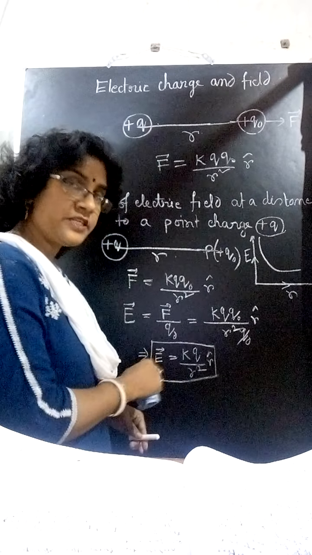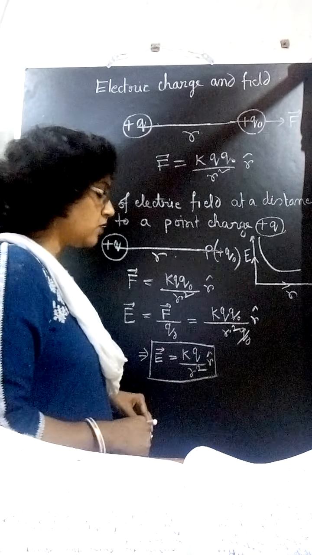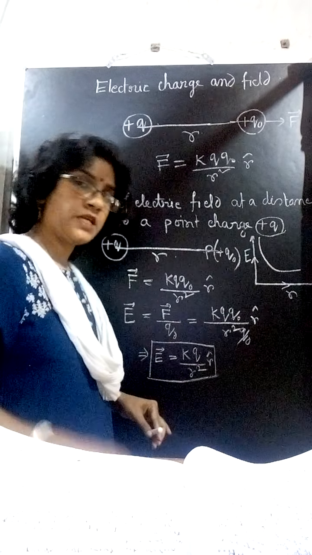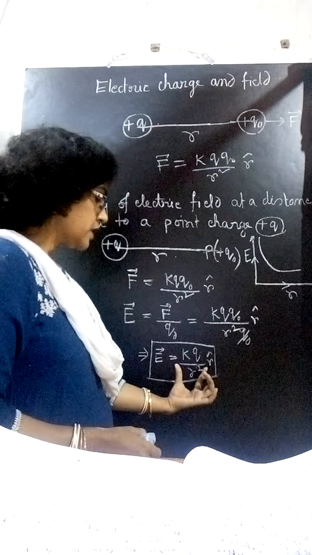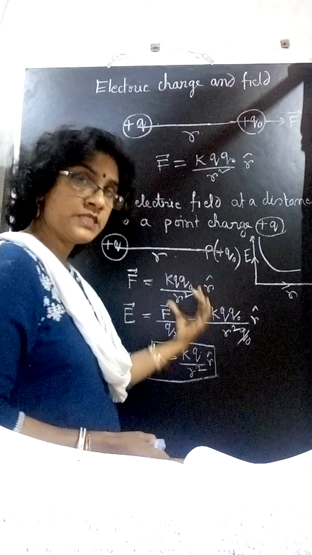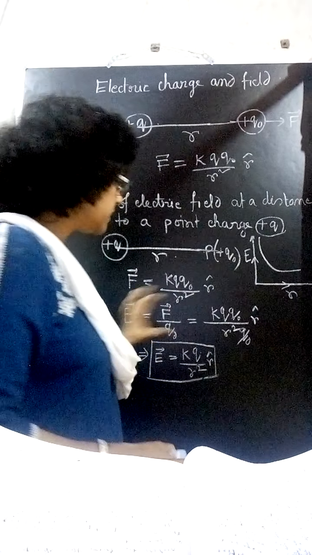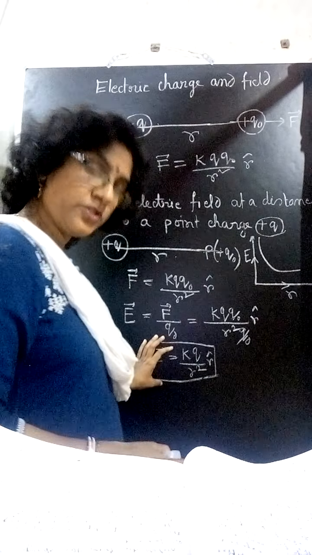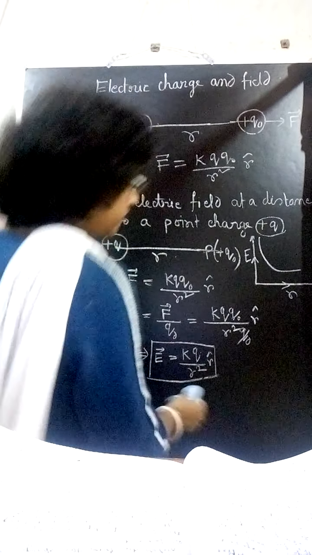So the electric field you can see around three-dimensional space. Another point: if the position vector, that is the position of the test charge from the source charge, is the same, then the electric field intensity will also be the same. It's okay?